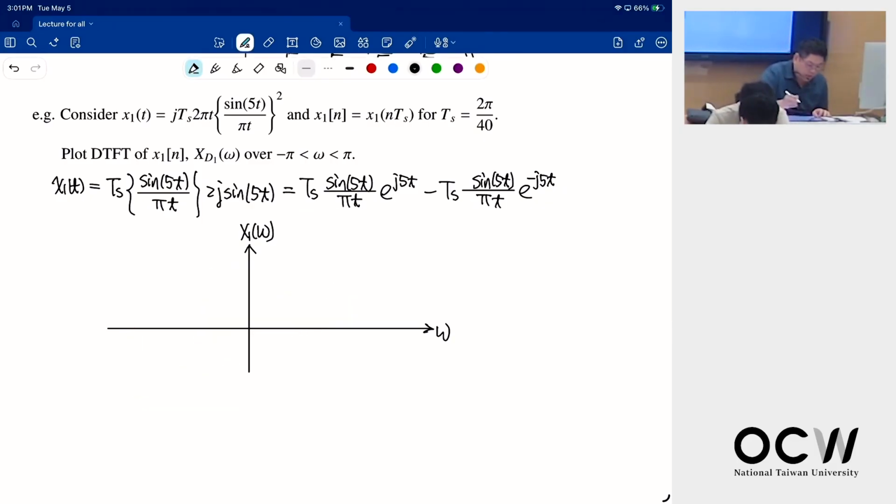So I will get here Ts, and this is 10. Shift to the right by 5, so from 5 to 10. And then shift to the left, but upside down because I have a negative sign.